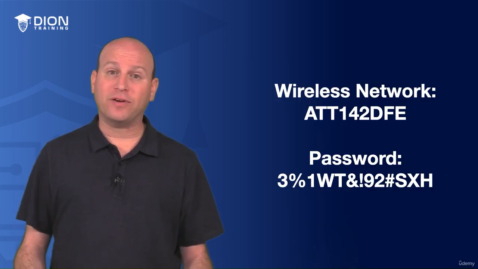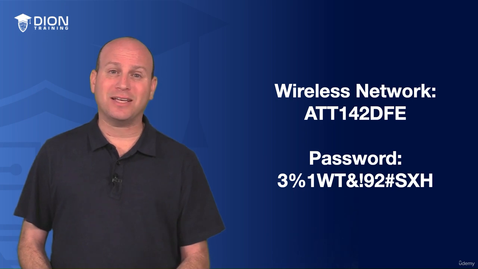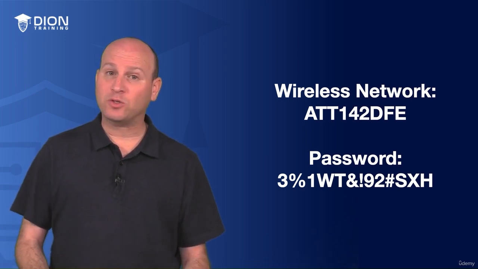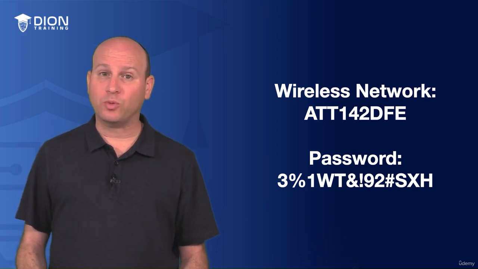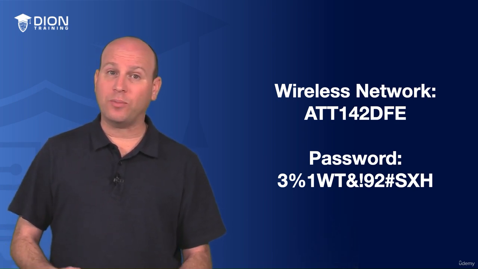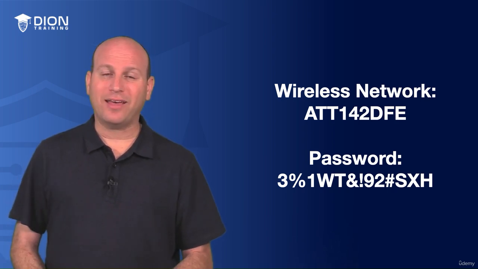By default, the internet service provider will give you a preset password that's pretty long and complicated in most cases. On the front of my device, for example, the company has a sticker that says the name of the wireless network and the password, such as wireless network ATT142DFE and a long, strong password of 3%1WT&!92#SXH.